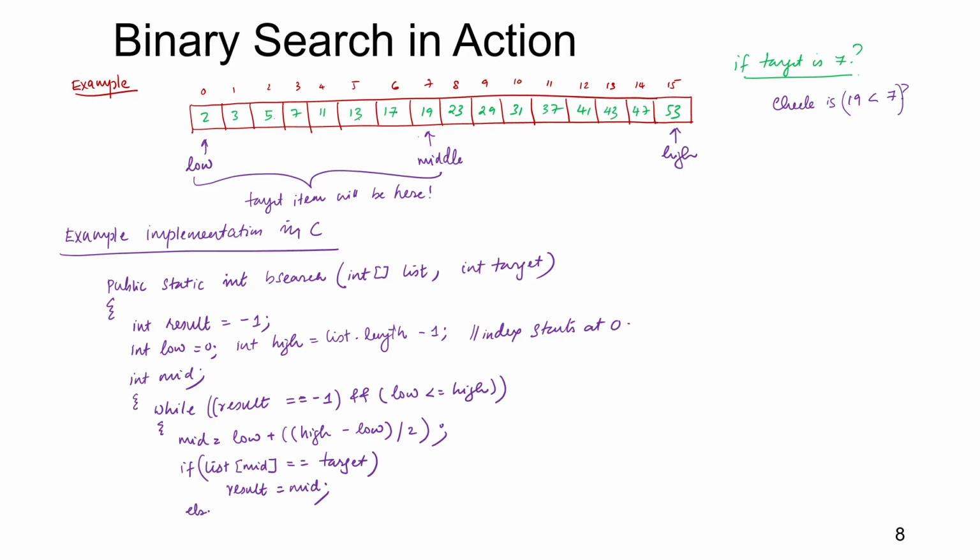Else if list[mid], the middle item is less than the target, then we say low equal to mid plus 1, else high equal to mid minus 1.